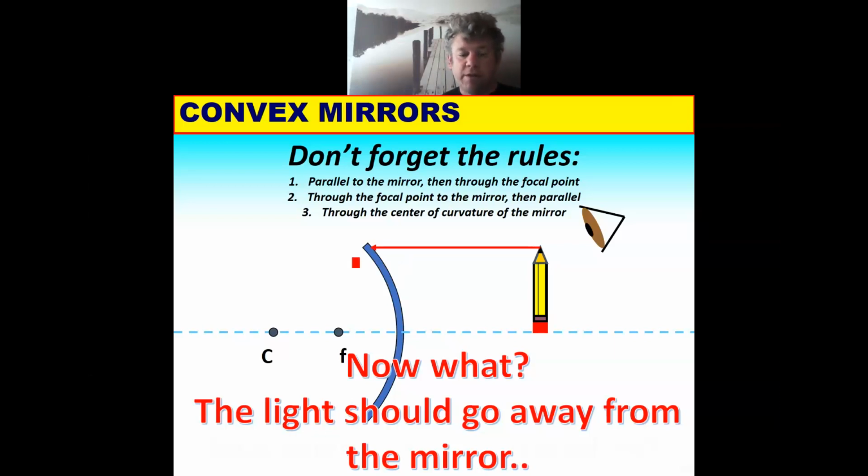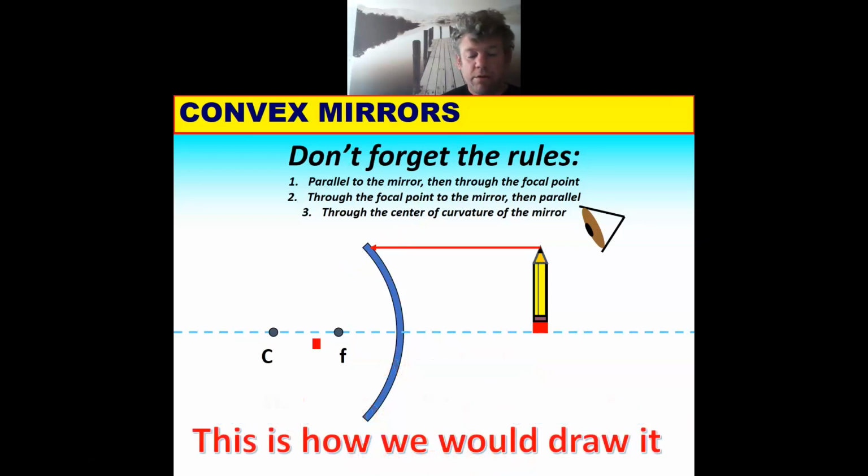In this case, if we look at our normal here, this ray should bounce off and away. It cannot get bent in and go through. So what is the second part of the rule? The second part is based on that focal point. There's my focal point. That's the angle that this light ray has to take. So we finish it off by drawing it up that way.